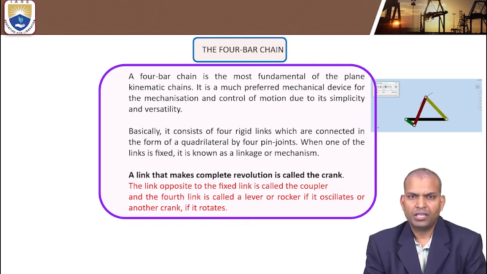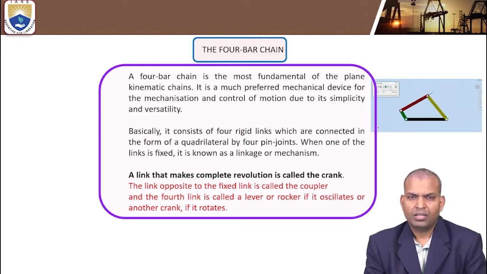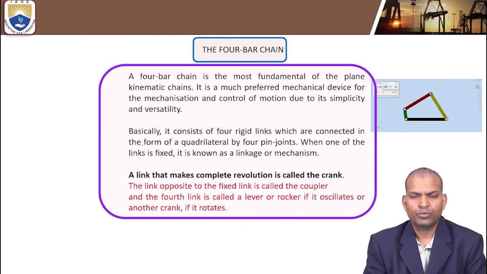The effect of geometry makes this 4-bar chain usable as a crank rocker mechanism, or double rocker mechanism, or double crank mechanism. So it can be used for different applications based on the geometry, or based on the size of the links of a 4-bar chain.